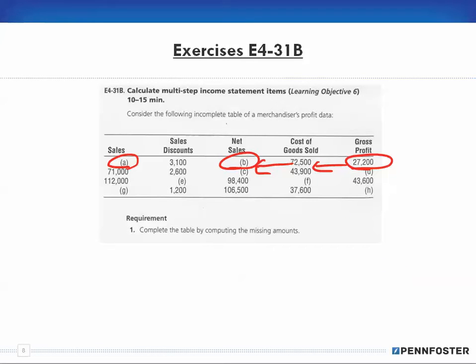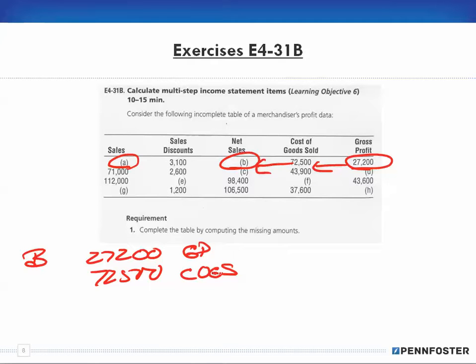So for B, we have $27,200 for our gross profit, and we're going to add in our $72,500 for our cost of goods sold, and that gives us our net sales of $99,700.